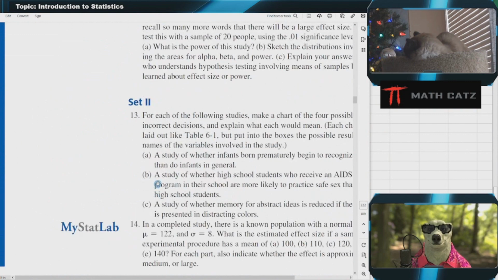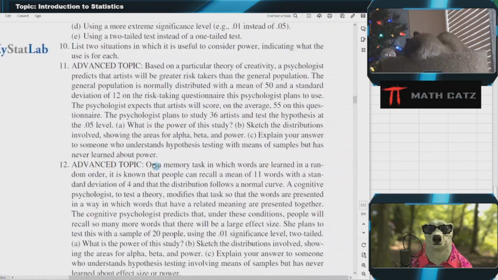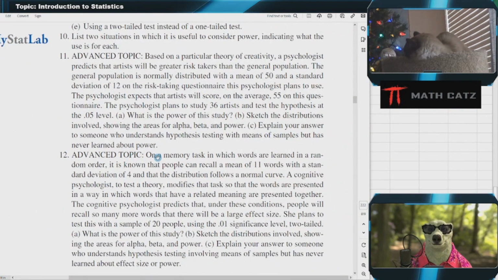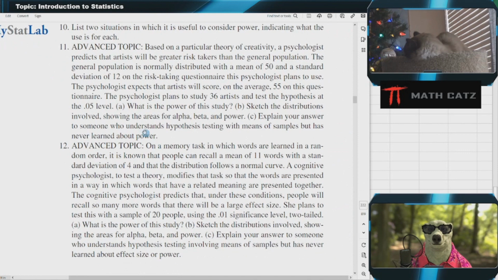11 is on the previous page where we'll calculate some power. Let's read it first. Based on a particular theory of creativity, a psychologist predicts that artists will be greater risk takers than the general population. The general population is normally distributed with a mean of 50 and a standard deviation of 12 on the risk-taking questionnaire the psychologist plans to use.